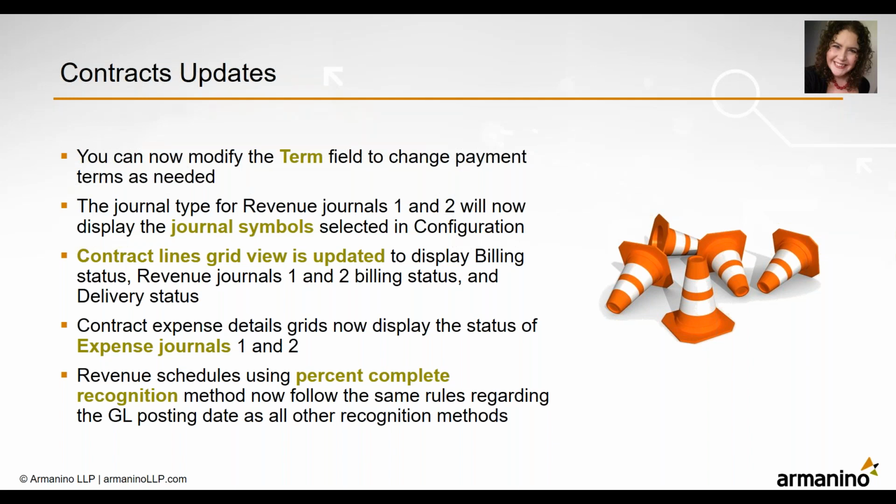So you can now see the symbols and by default what books they're posting to, if they're posting to your 606 or your legacy books or to something else, making sure that they're posting the correct ones. And you can see that also on your contract lines view, they've added the fields for billing status and delivery status in addition to the journal types and the journal billing status as well.